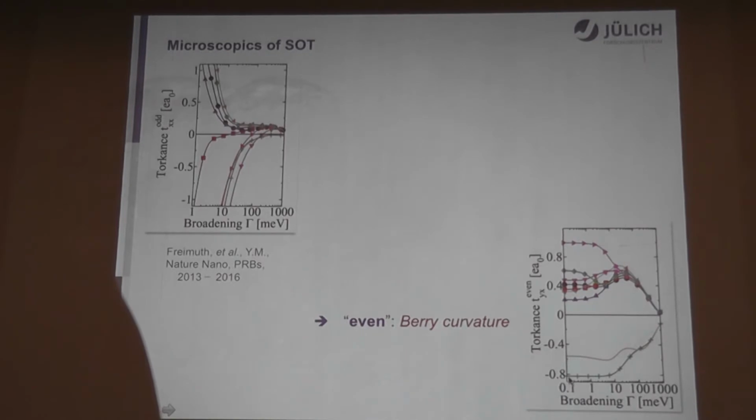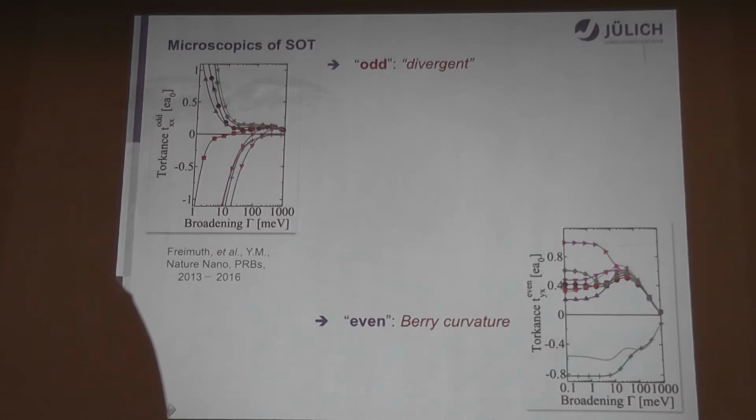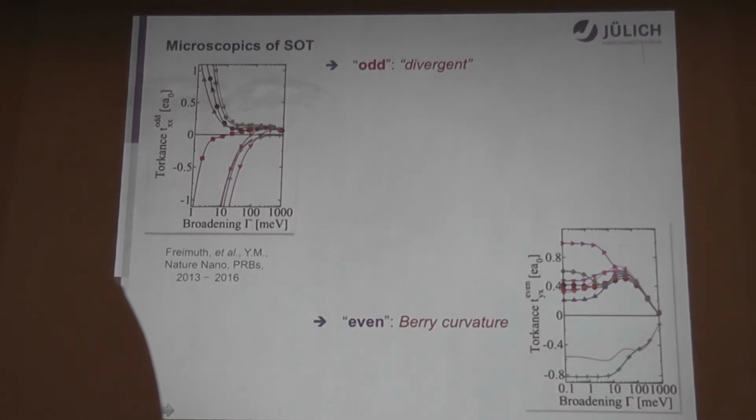What we also discover is that in the other component, which we call odd, there is a divergent part of this spin-orbit tensor, and this is an analogy to the diagonal part of electrical conductivity, which we know diverges with vanishing disorder. Now, these two types of torques have been experimentally observed, and their existence has been demonstrated.